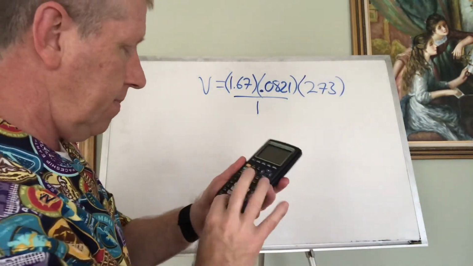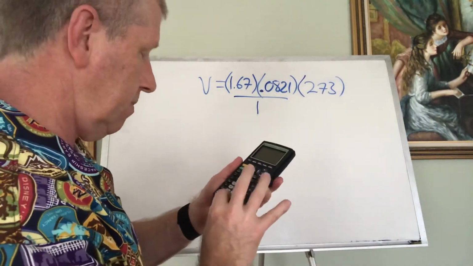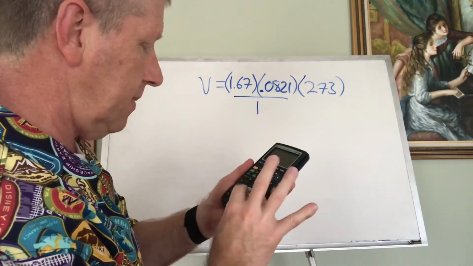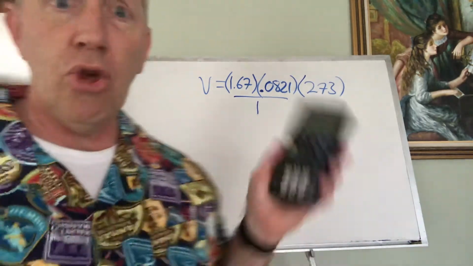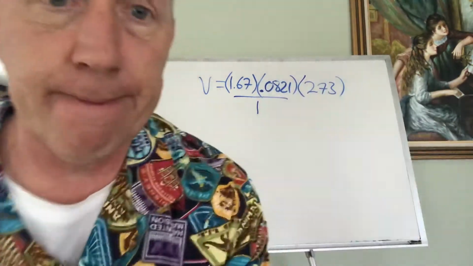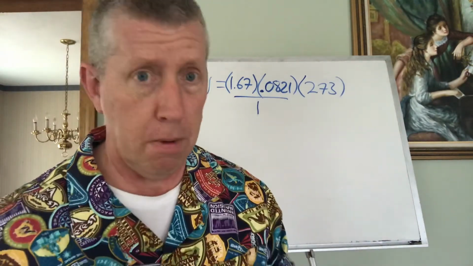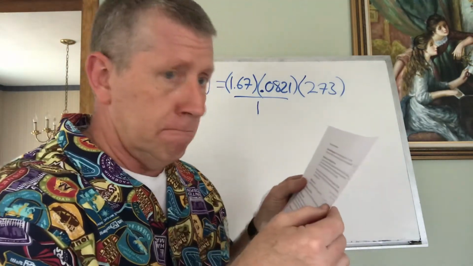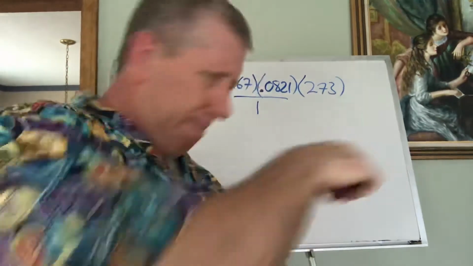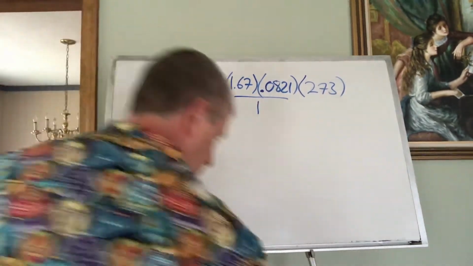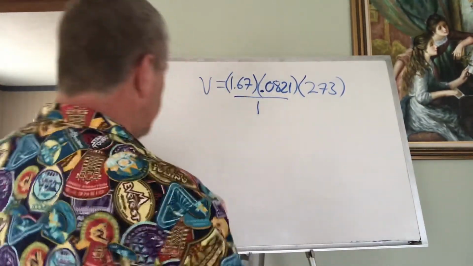Okay, let's see. 1.67 times 0.0821 times 273 equals 37.4. 37.4, please, please, please. Yes! Happy dance. All right, nailed it. We got it right, 37.4.